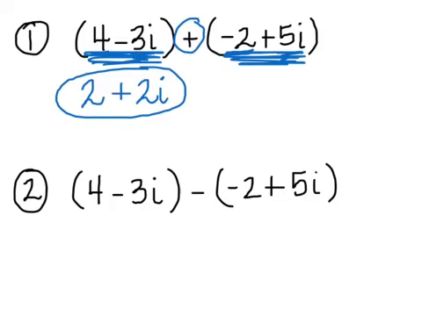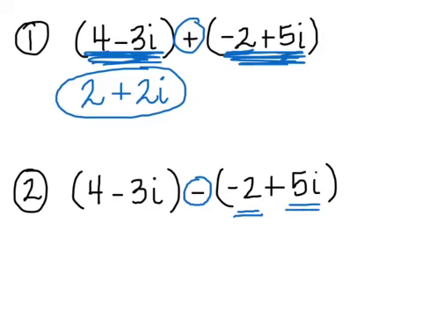Subtracting two complex numbers also has the same properties as if we were combining algebraic expressions. We want to be careful with this minus sign. What we want to do is change the signs of everything after it. I call that add op, which means add the opposite.